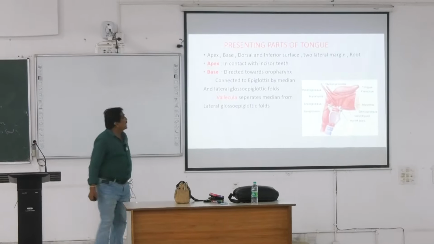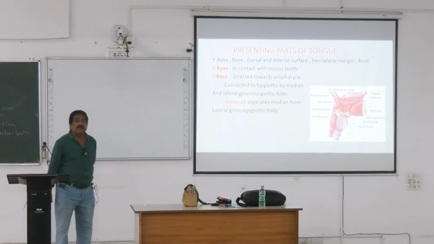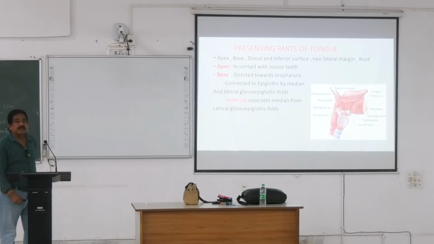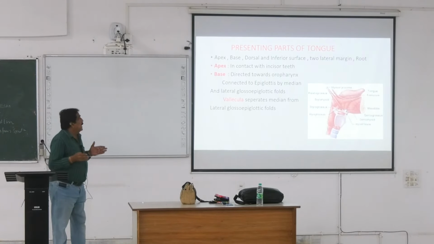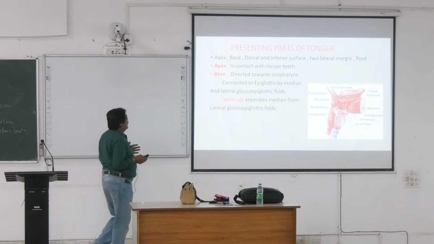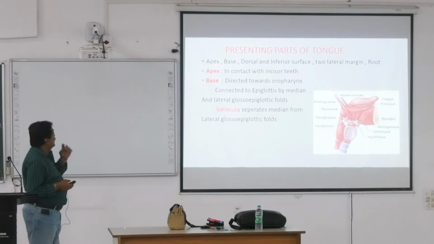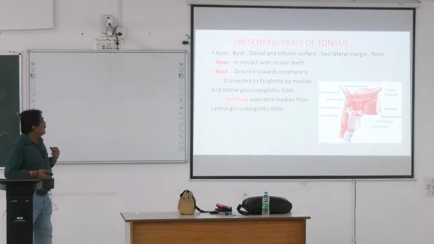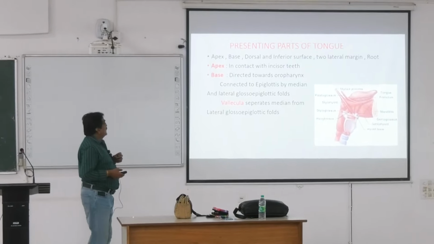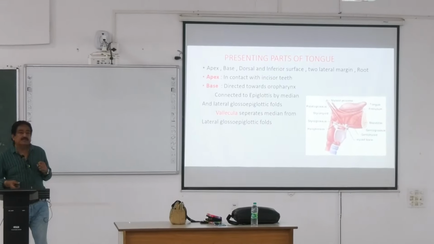Now, the presenting parts of the tongue: it has an apex, base, dorsal surface, an inferior surface, and two lateral margins. The apex is in contact with the incisor teeth, and the base is directed towards the oropharynx, connected to the epiglottis by median and lateral glossoepiglottic folds.